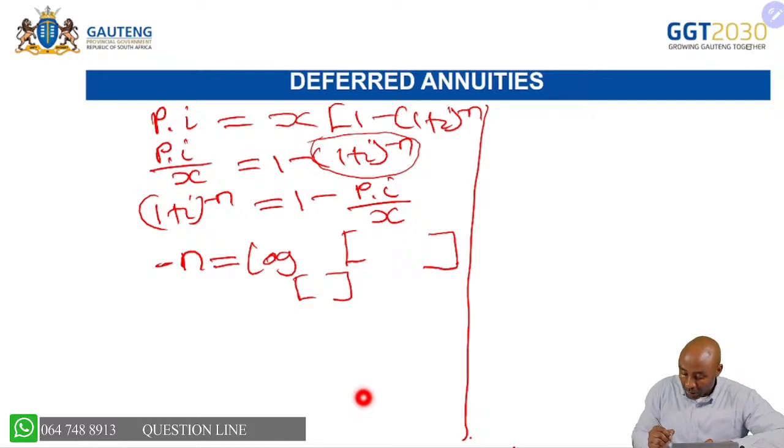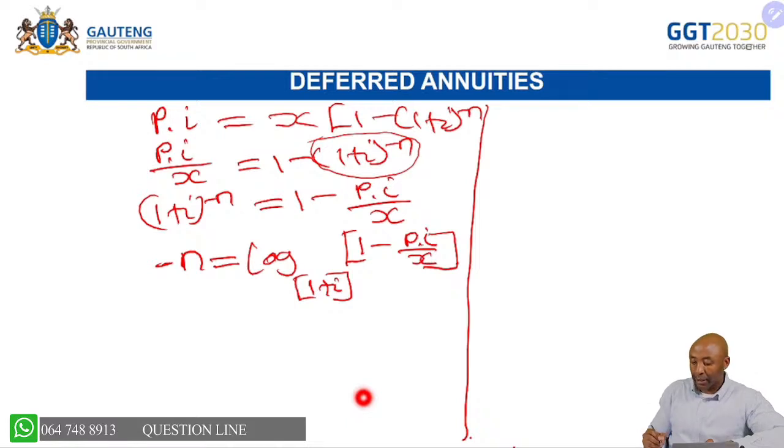The base is 1 plus I. My value on the right is going to be given by 1 minus P times I, all this over X.